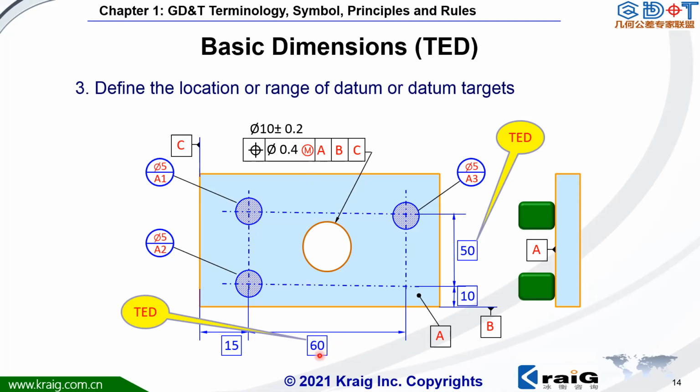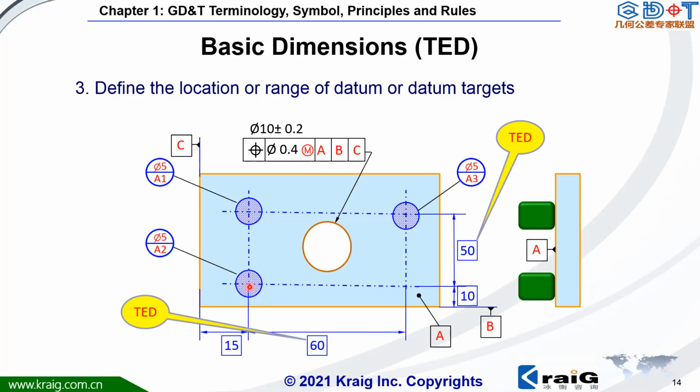It's only used to define the datum target. So who is going to use this TED? Inspector or gauge maker. Without this TED, they cannot find where those datum targets are located. They need this TED in order to find the datum target.